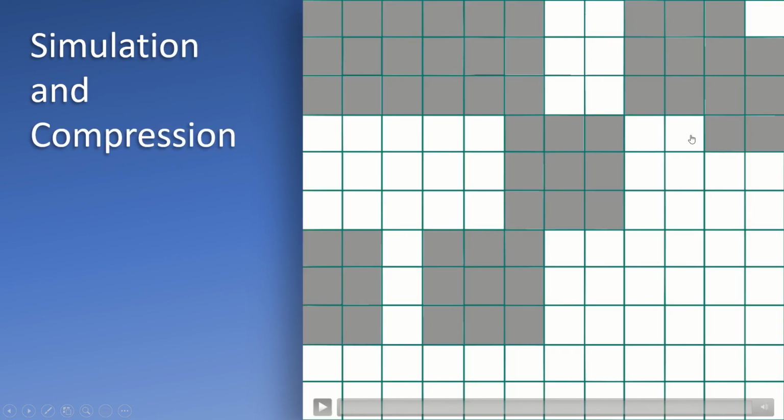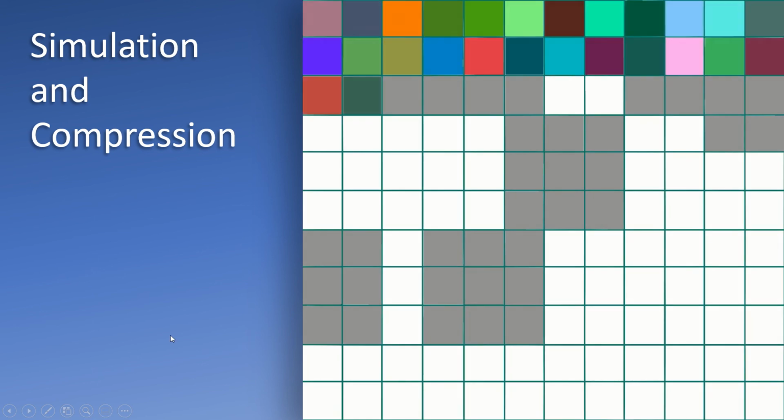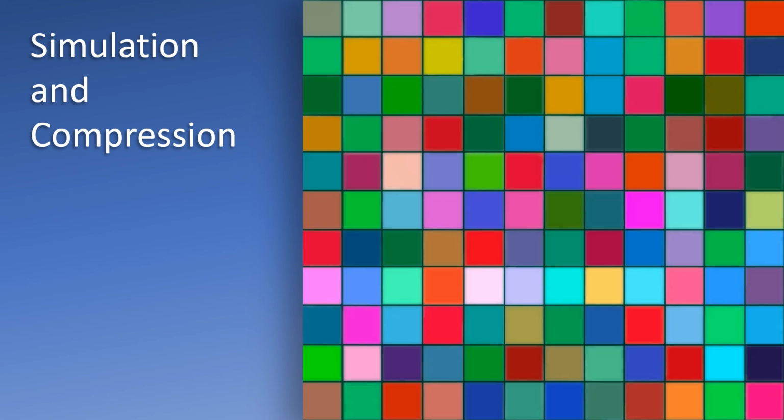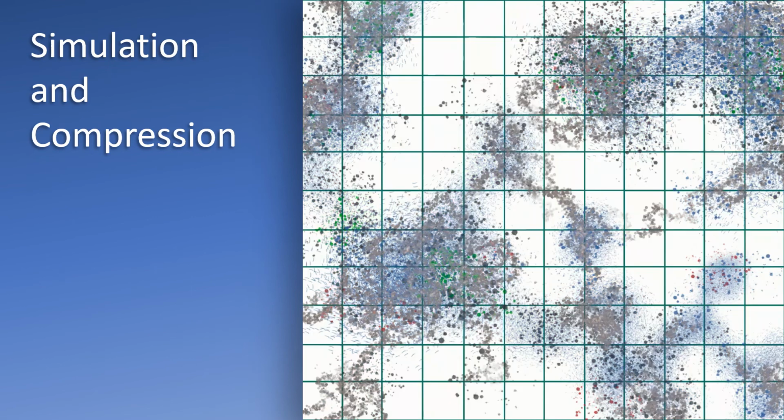And then after that simulation occurs, we are also going to see how the data is compressed and how a larger scale simulation is performed. So this is the compression. These are predictions for a whole bunch of other neural network grids, and then we decompress the data, and this is what we get.